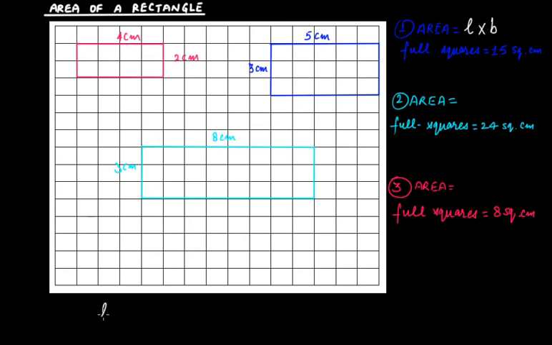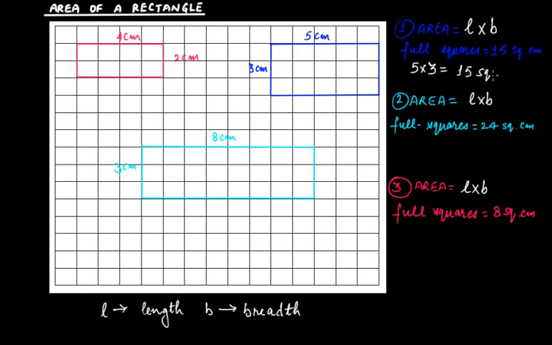I'm using L for length, that is this one, and B for breadth, that is this one. So area in each case is L times B. If you solve here, this will be 5 times 3, that is 15 cm squared, which is a short way to write square centimeter.